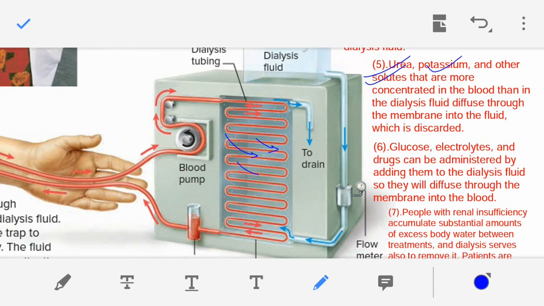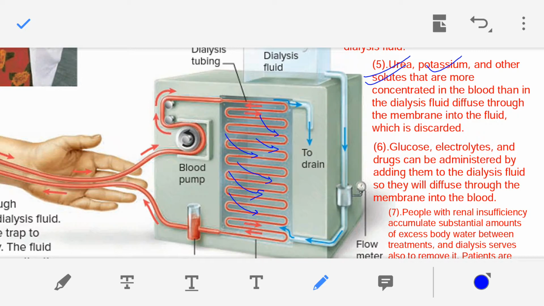Through the pores in the membrane, this membrane acts as a semi-permeable membrane having pores. So through these pores urea comes out, potassium comes out and some other solutes come out into the dialyzing fluid.